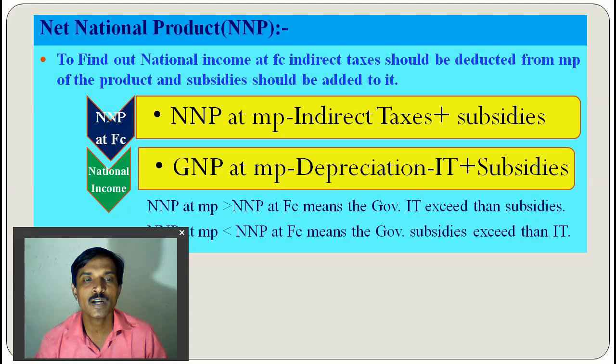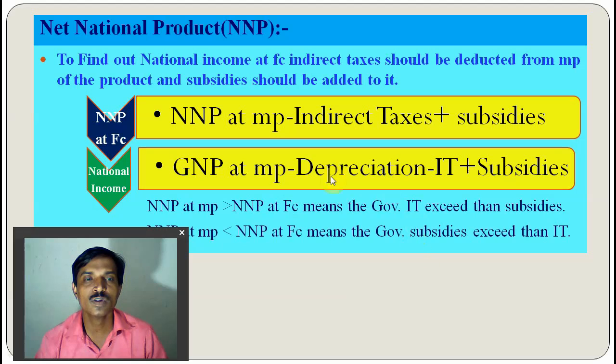So net national product at market price is more than net national product at factor cost when the government's indirect taxes exceed the subsidies. And when net national product at market price is less than net national product at factor cost, it means the government subsidies exceed the indirect taxes. So from net national product at market price, we deduct indirect taxes and add the subsidies.